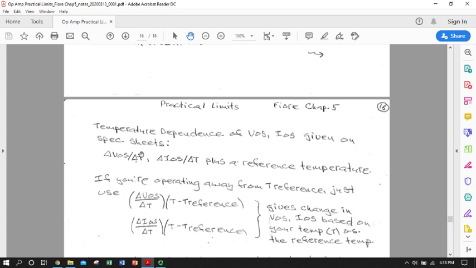And lucky for us, at least those temperature dependencies are usually listed as single values, so they're like a slope of each of these with respect to temperature. These are datasheet values, so we'll get those on a datasheet, plus the reference temperature about which they're taken.